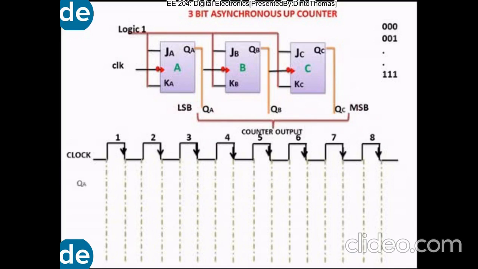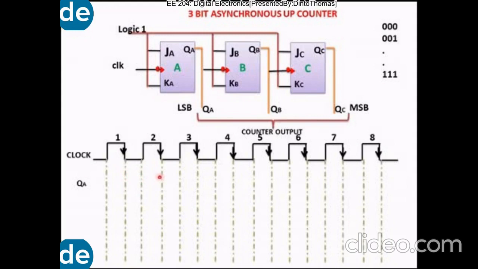Let us start with the initial flip-flop A, that is QA. Focusing on QA, if it initially has the value 0, the value of QA will be 0 until the negative edge triggering appears. After that, the value will change from 0 to 1 until the negative edge of 2.